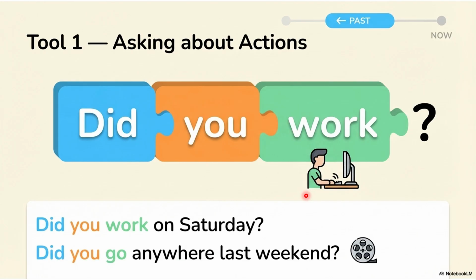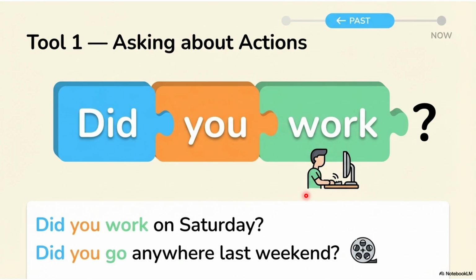So here you have, I worked all day. So we have the verb work in the past tense, right? We have the verb work in the past tense because we have an affirmative sentence. And when you are talking in the past in English, and you have an affirmative sentence, you have to use the verb in the past tense.